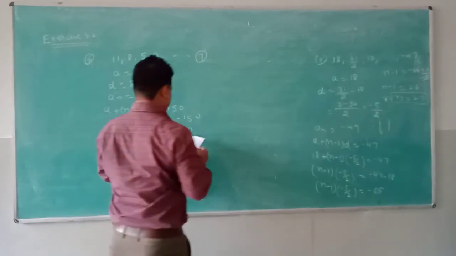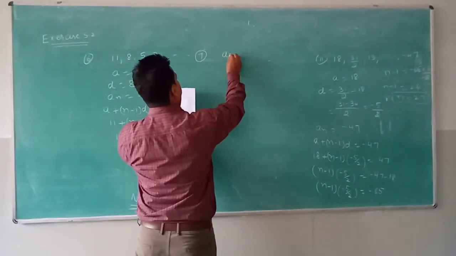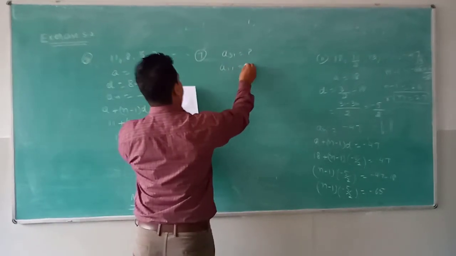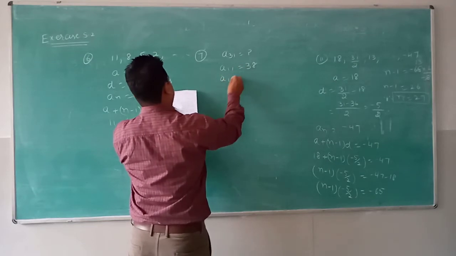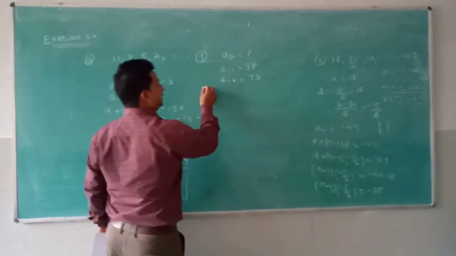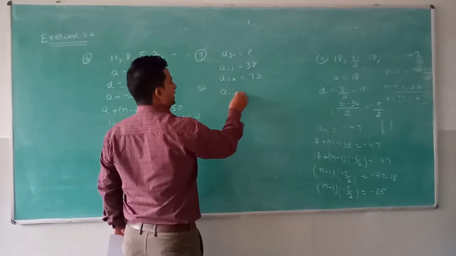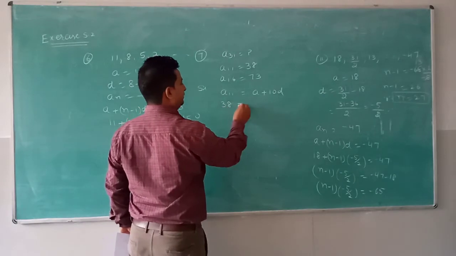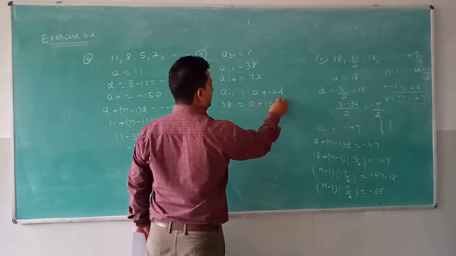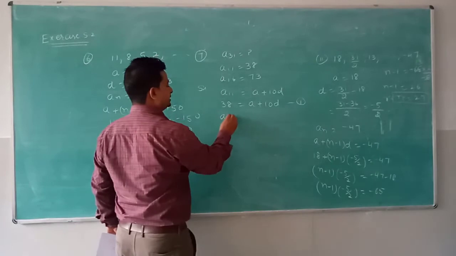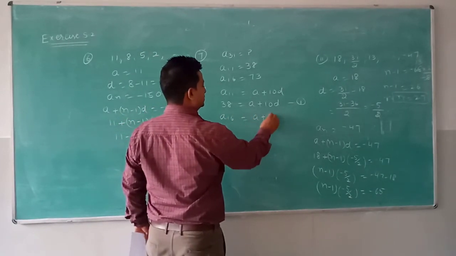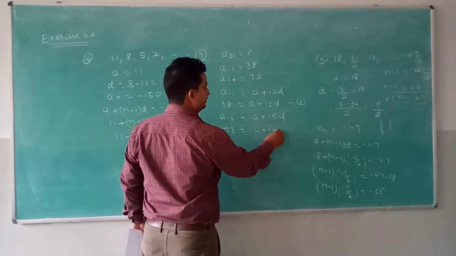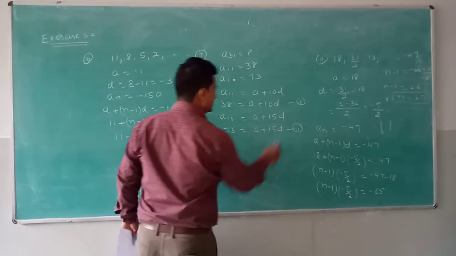In the 7th question, find the 31st term of an AP, that is a31, in which the 11th term is 38 and the 16th term is 73. As we know, a11 is a plus 10d, which is 38. This is equation number 1. And a16 is a plus 15d, which is 73. This is equation number 2.